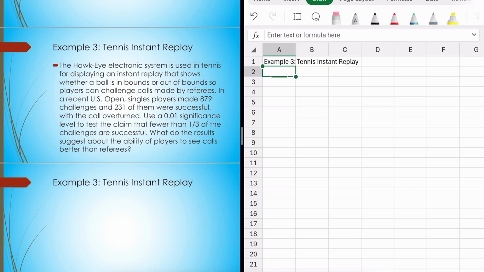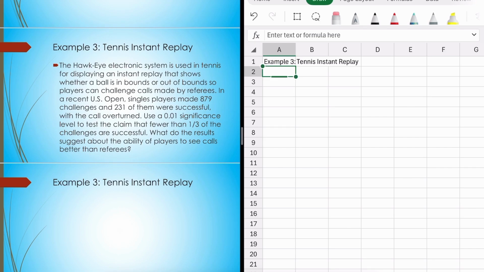In a recent U.S. Open, singles players made 97 challenges and 231 were successful with the call overturned. Use a 0.01 significance level to test the claim that fewer than 1/3 of the challenges are successful. What do the results suggest about the ability of players to see calls better than the referees?